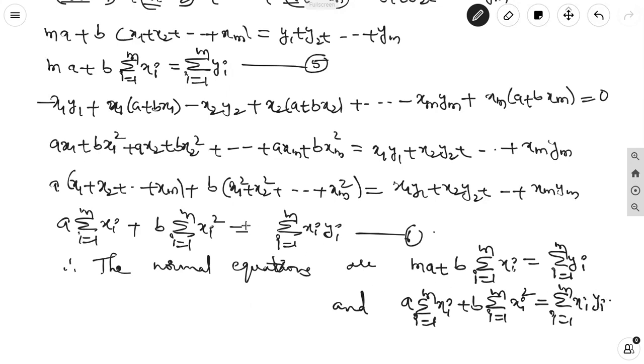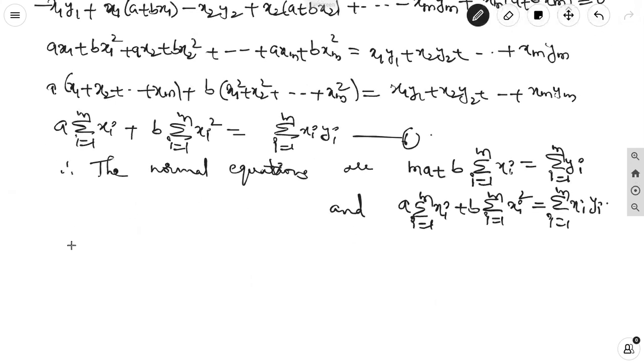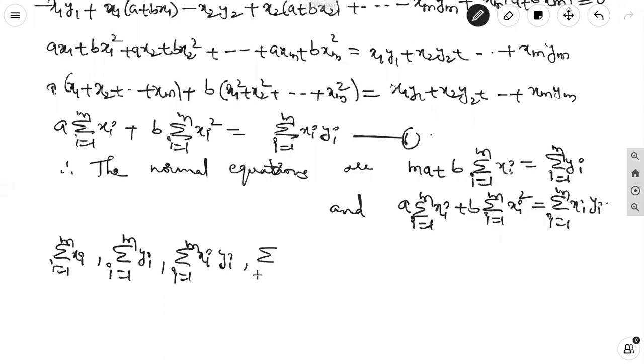Okay. From the data, we can calculate the values of summation xi, summation yi, summation xi yi, and summation xi square, and we can substitute them in the set of equations of equation 7.